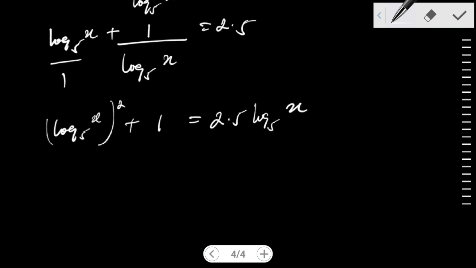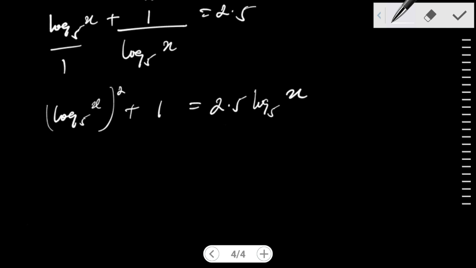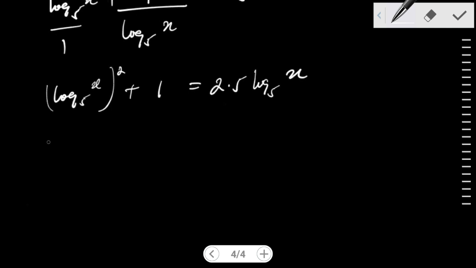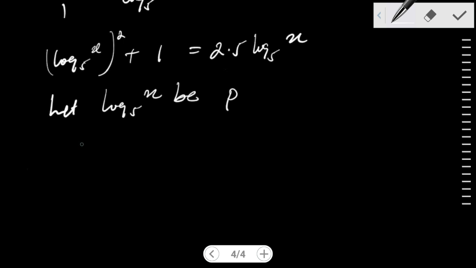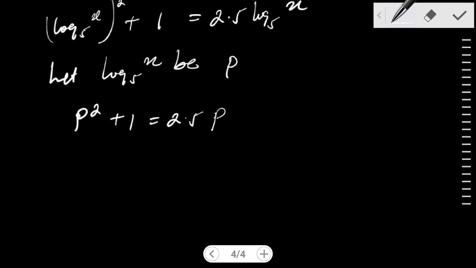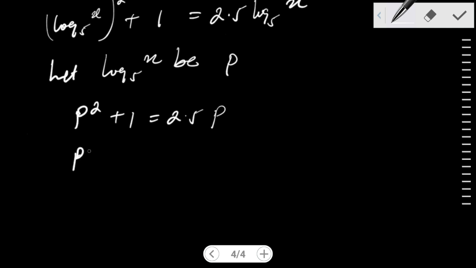And so, since this will result into a quadratic equation, let log base 5x be, let me use p in this case. So out of that, this is going to be p squared plus 1 is equal to 2.5 p. And so I'm going to have p squared minus 2.5p plus 1, which is equal to 0.